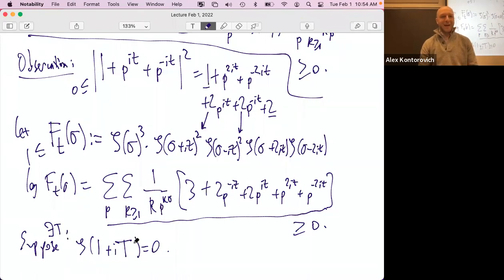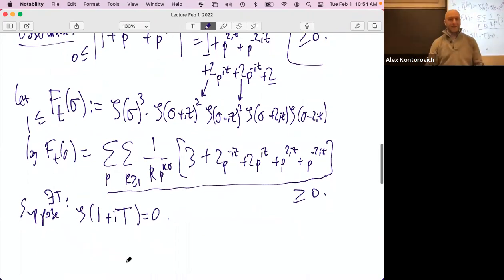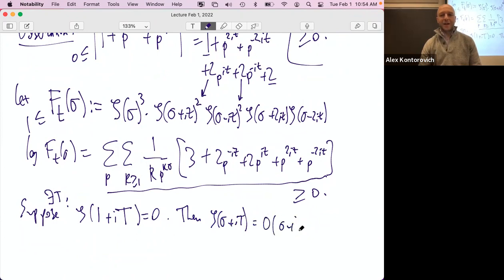Okay, if that happens, zeta is an analytic function, then zeta of sigma plus it is big O of sigma minus 1 as sigma goes to 1 from the right. So analytic functions, when you have a 0, you have to have a 0 of some integer order. You can't go to 0 by some small fraction. You have to go to 0 by a full power of sigma minus 1, as sigma approaches the 0.